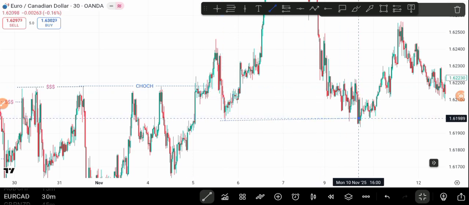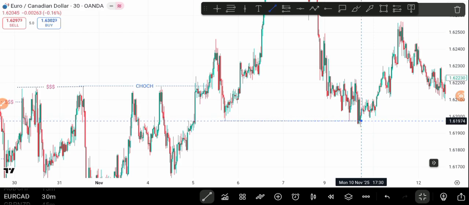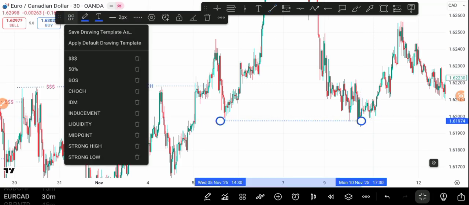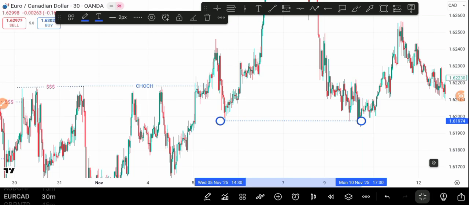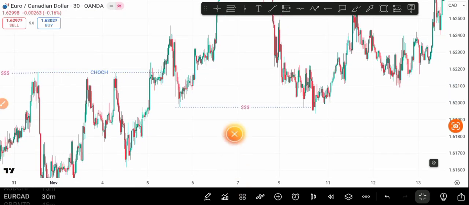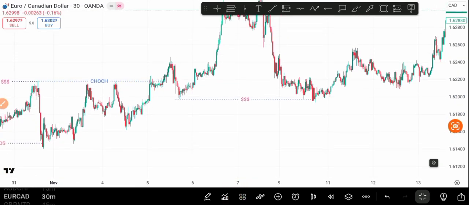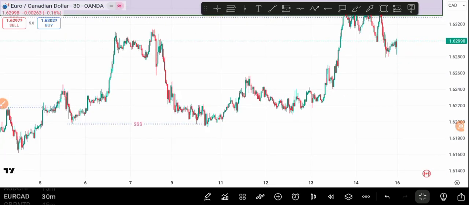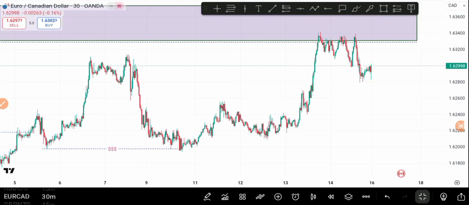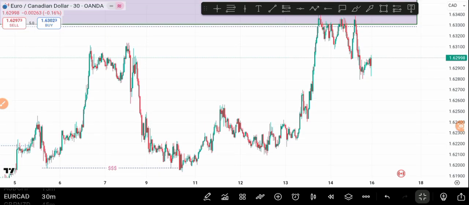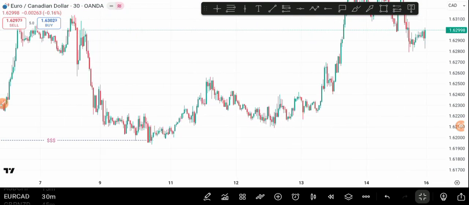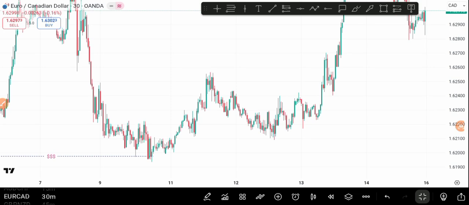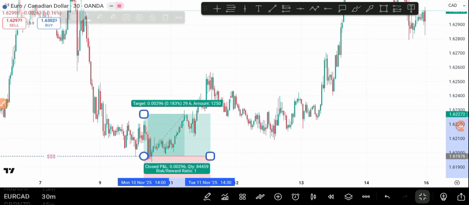Let's take this inducement because on the higher time frame, like 1 hour, it is an inducement. So it took this liquidity, and mind you, it came to the 50% Fibonacci retracement. So I decided to enter, being aggressive. Yeah, exactly. So after taking this liquidity, I entered aggressively here, like this, right?